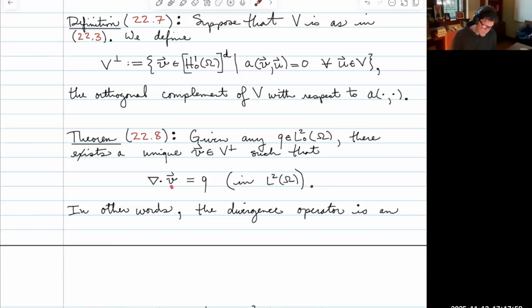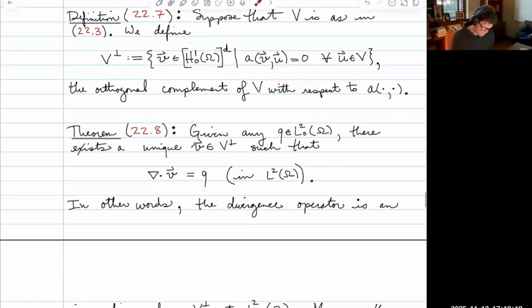Can I show that this object is actually mean 0? You can integrate this over the domain, and using the divergence theorem you can show pretty easily that it has to be mean 0. So everything makes sense: a mean 0 L2 function equals a mean 0 L2 function. It's just that proving that the solution exists is harder.